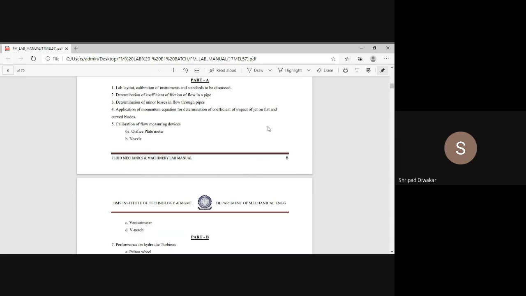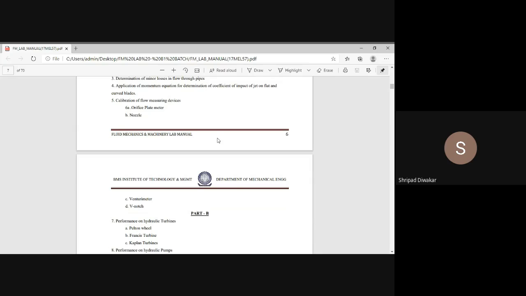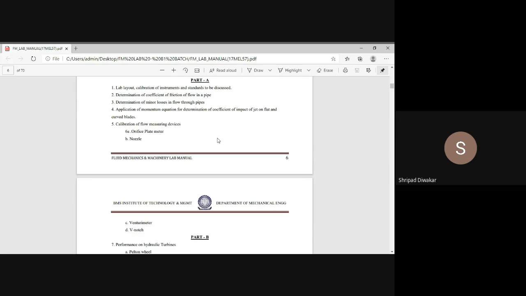The individual experiments are determination of coefficient of friction of flow in pipe flow, determination of minor losses, coefficient of impact of jet on flat vanes, and calibration, meaning measurement of discharge through various measuring devices like orifice meter, nozzle, venturimeter, and V notch. So these are the individual experiments.